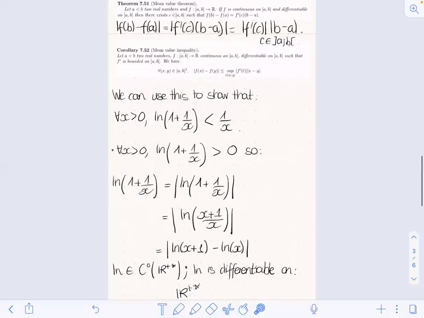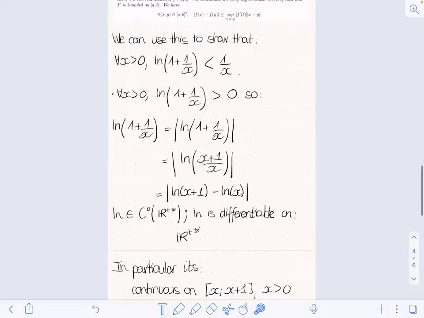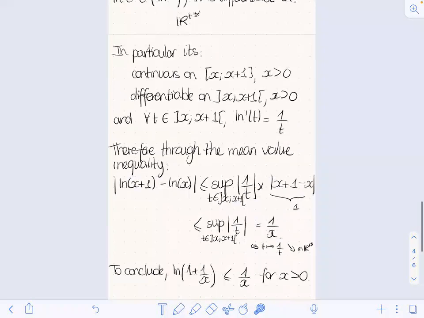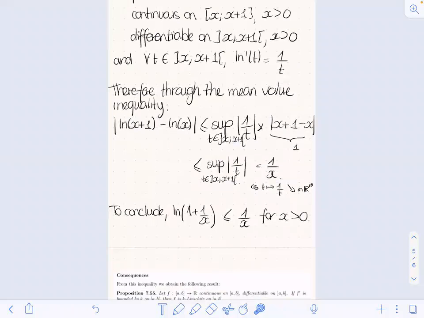Now for the actual exercise, you could equally write here, with the function we consider, you're differentiable on x plus 1, and you could close that interval if you want to. This property holds with a closed interval, so you could close it if you want to. The only thing is that in the mean value inequality, when you take the supremum, you just put the open interval.